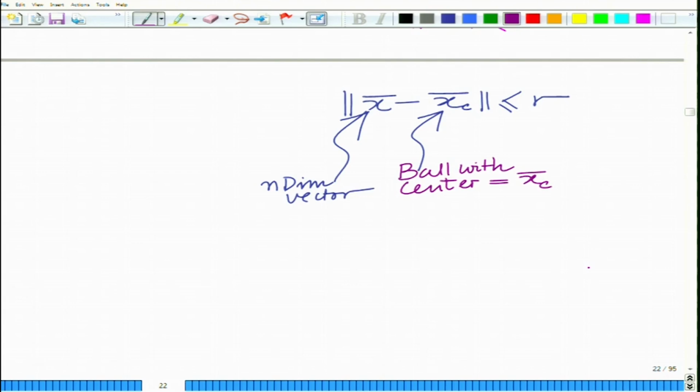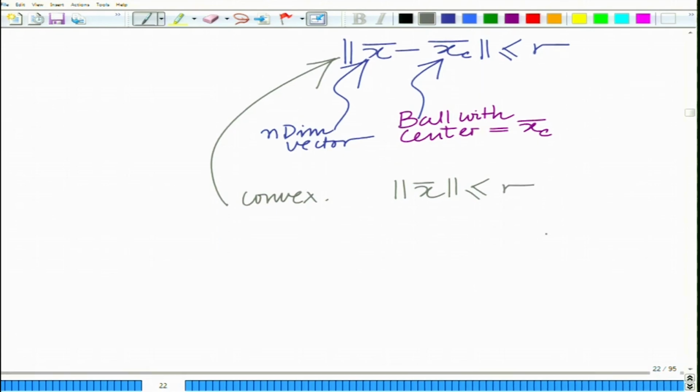Okay. And this can be seen to be convex, and that can be briefly justified as follows, that is, this region is convex. For sake of simplicity, let us consider simply the ball with center at origin.